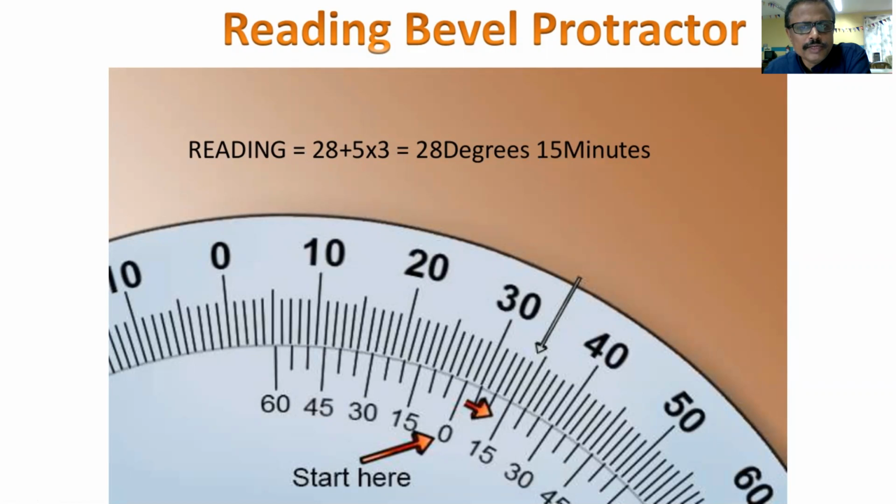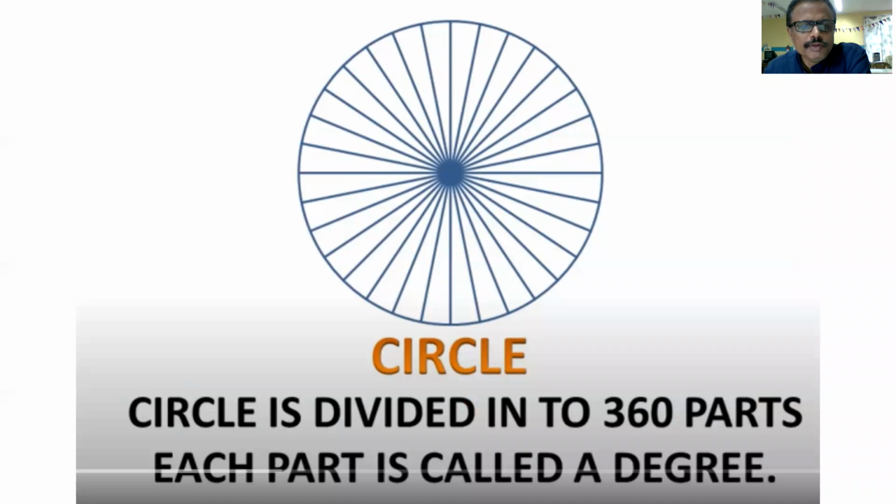All these things we will see now. How the bevel protractor works is best understood by this diagram. This is the circle which is divided into 360 parts.